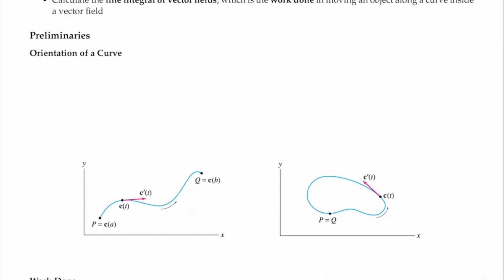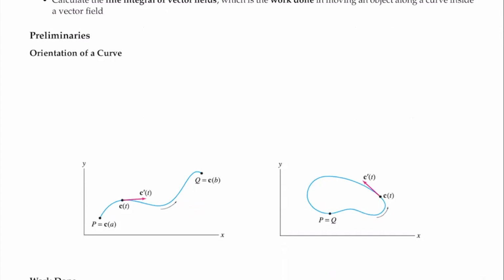deriving the formula for the line integral of vector field, I'm going to give you some definitions. It's important to have definitions because now we're dealing with vector fields. When you have a vector field, that means you need some directions. All right.